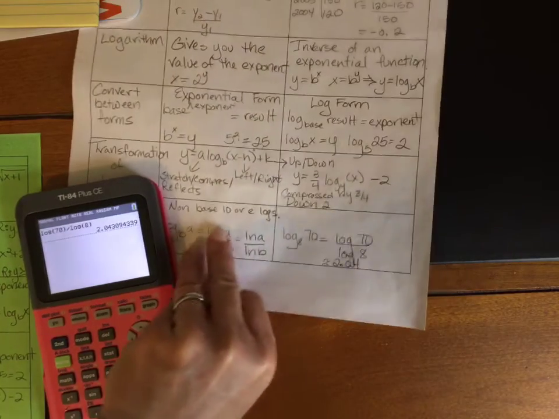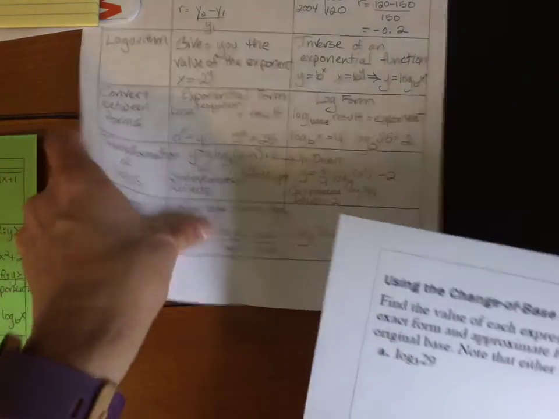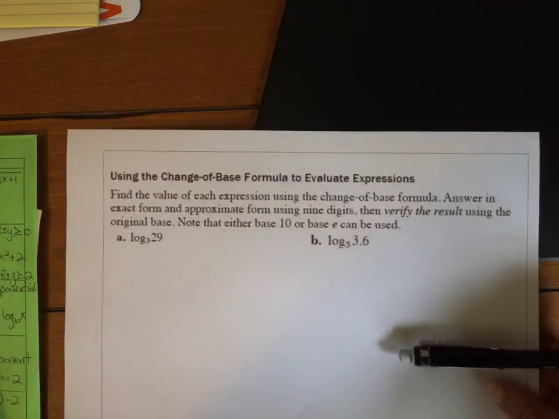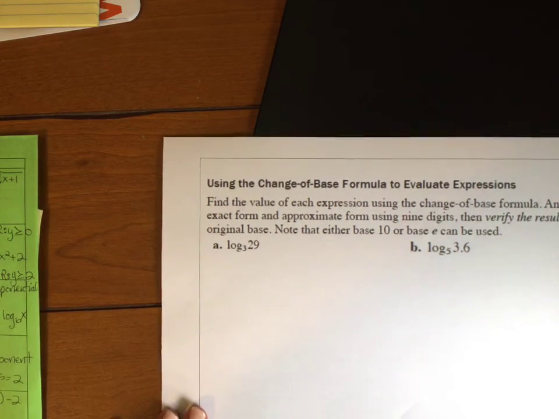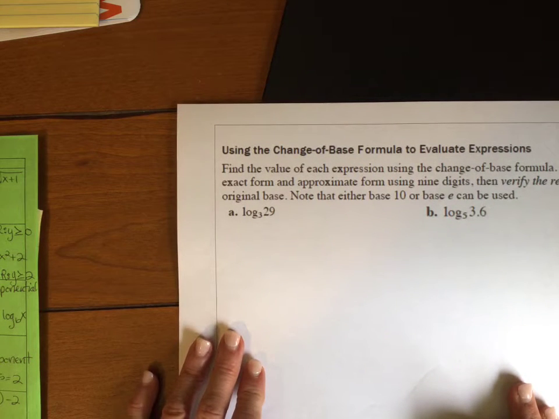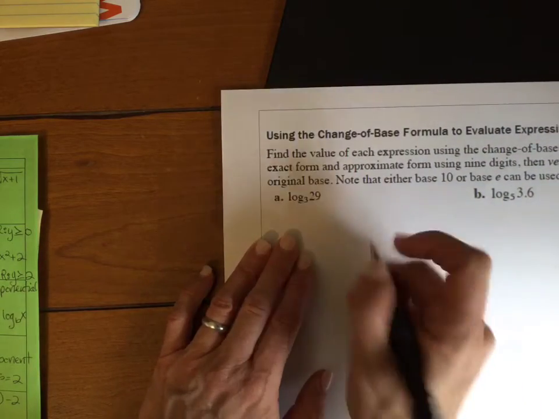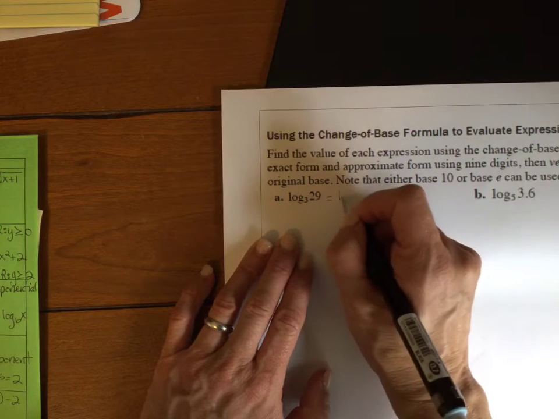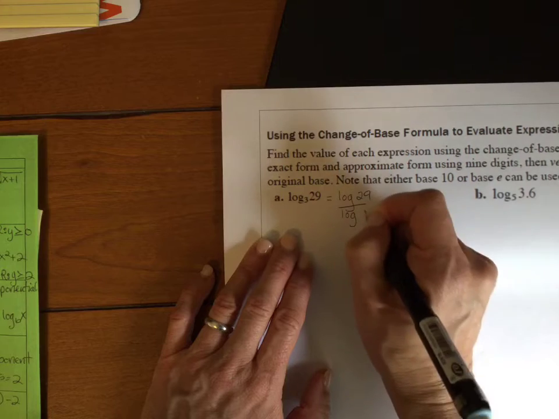All right. I'm going to show you one last slide on this because it is fairly basic. We're just going to look at log base 3 of 29, and I want to show you how you get the same value whether you use log base 10 or log base E. So if we rewrote log base 3 of 29 using base 10, we would have log of our value 29 all over log of our base 3.